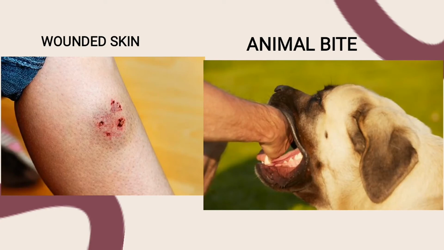We have the dog bite, tsetse fly bite, mosquito bite, rat flea bite, louse bite. When we have a bite from animals, it can result into what? The transfer of these microorganisms into the body of living organisms. So we must avoid animal bites, for example dog bite and mosquito bite.